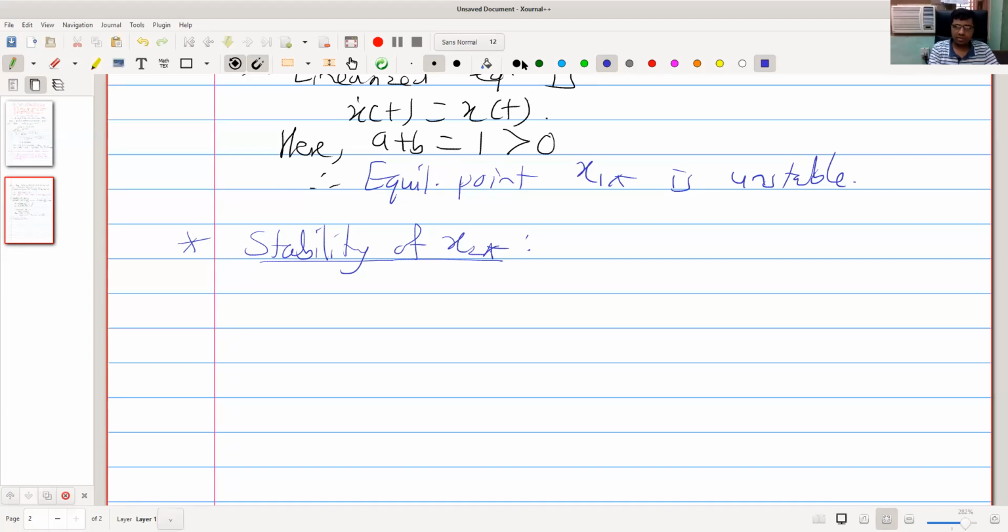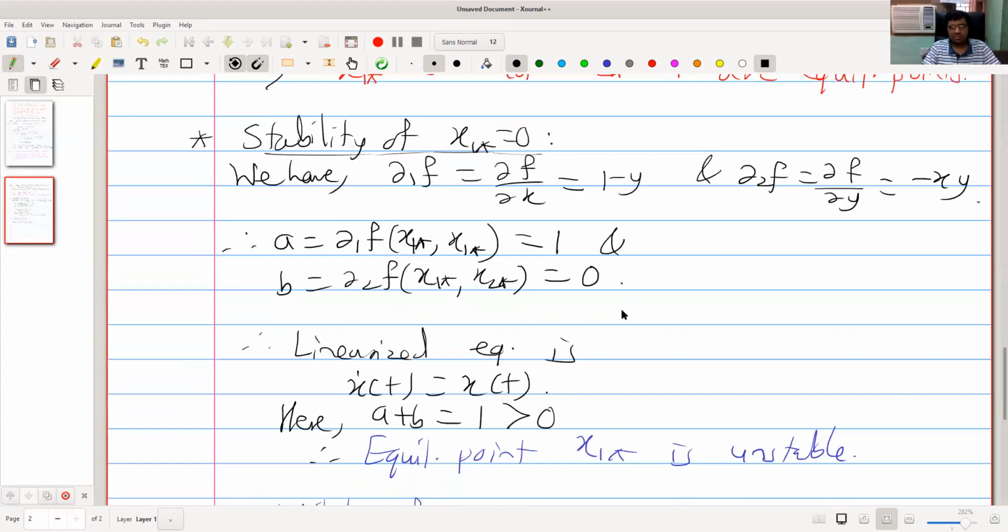We do the same thing for x2 star. Here a equals del 1 f of x2 star x2 star. What is x2 star? It is 1.